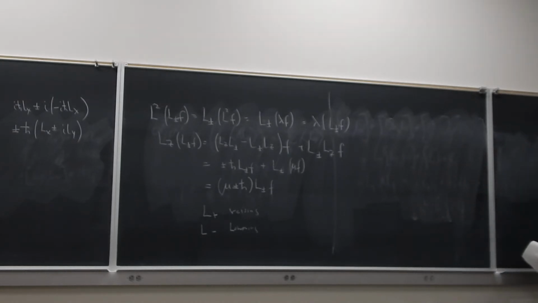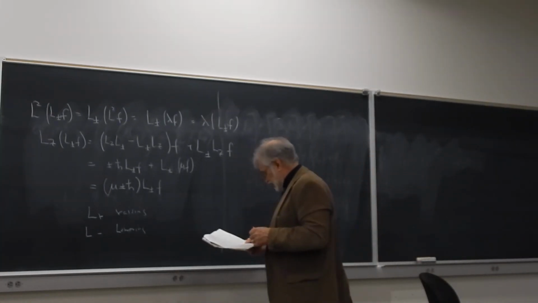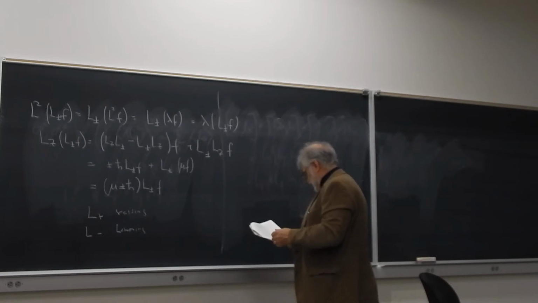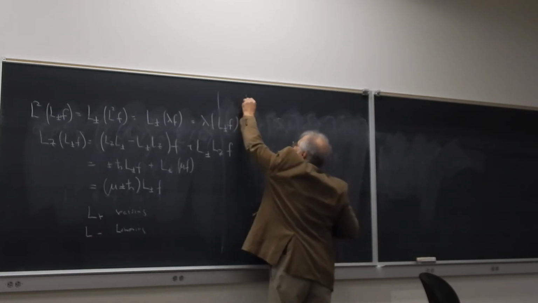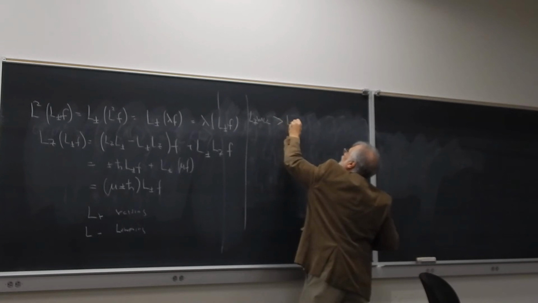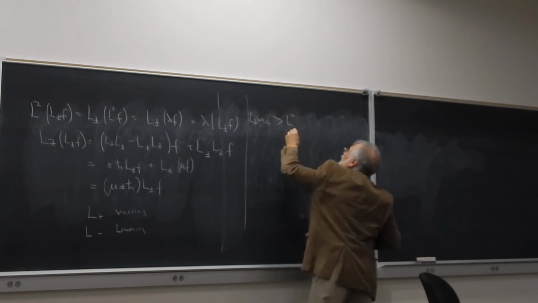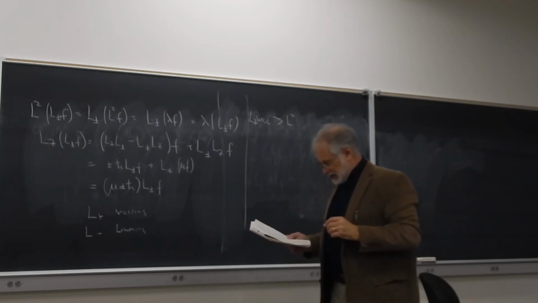What else do we get from this? If I keep going up the ladder, and I keep applying L plus, all of a sudden, Lz will be greater than L squared. And that can't happen. We can't allow that. That's not physical.